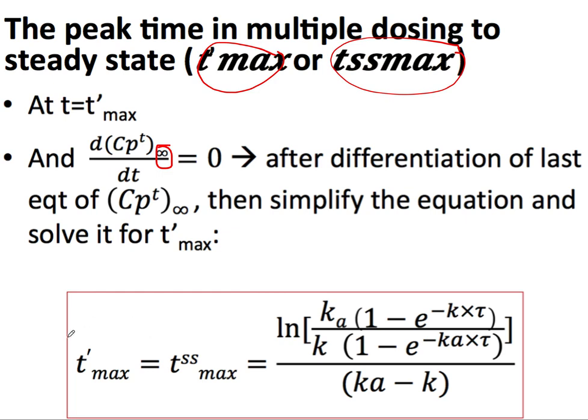But to make the story short, to determine the T prime max or T steady state max, we need to use this equation. Again, if you remember, this is way more complicated compared to whatever we know about the Tmax for a single dose, right? If you go back to the Tmax determination for a single dose, it was equal to ln(Ka/K) over (Ka minus K).